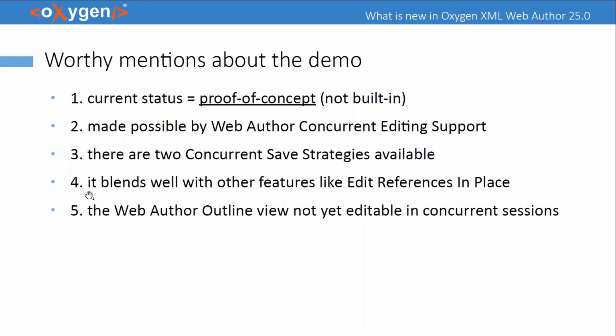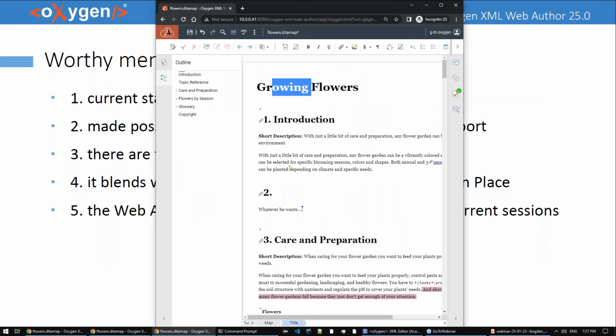Lastly, I want to mention that the Web Author outline view is not yet editable in concurrent sessions, but it might be somewhere in the future. I'm not sure about the timeline, but with the outline, you could also rearrange topics even if you are in a concurrent session.